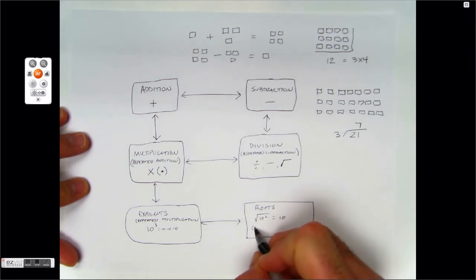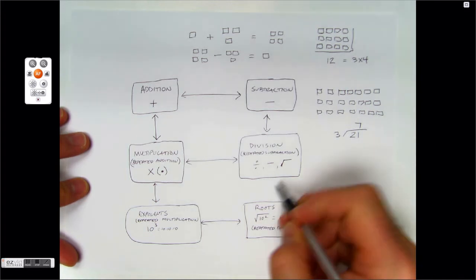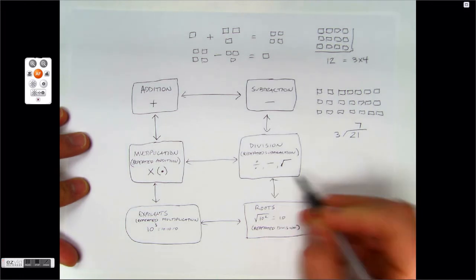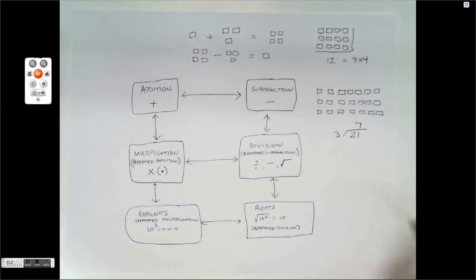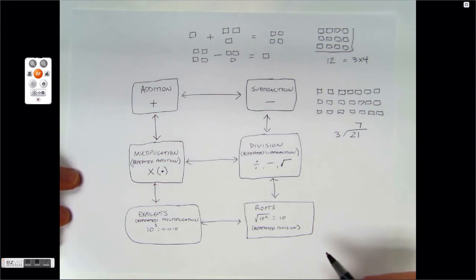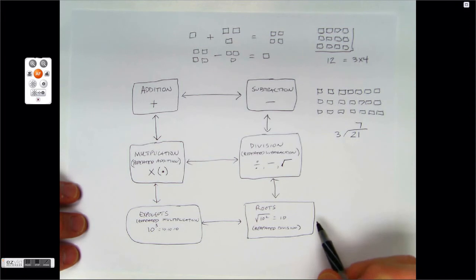Roots are nothing more than repeated division. So what you can see is here, see how this all interrelates. So the operations we work with, they relate to one another. And hopefully after seeing this diagram, this will help you moving forward, because the next part of the course we're going to move into using these operations and all the numbers that we learn about.